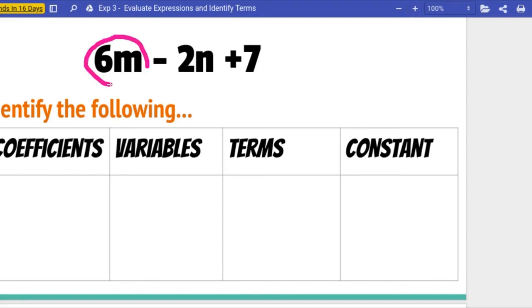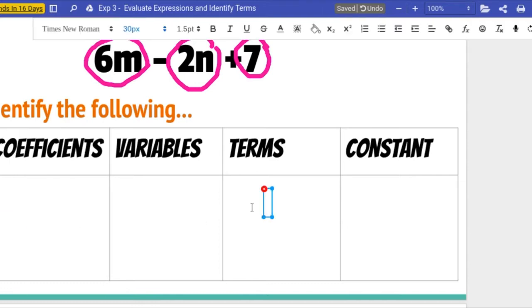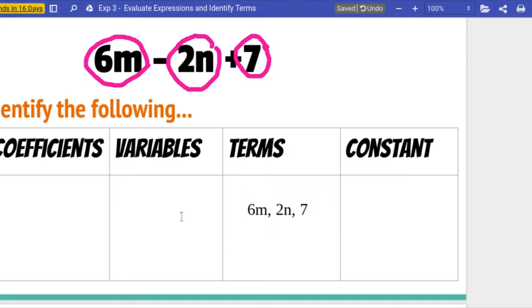So we have a term right here, we have a term right here, and we have a term right here. So I have 3 terms in this expression. And so down here in my box, I'm going to list my terms. I have 6m, I have 2n, and I have 7.